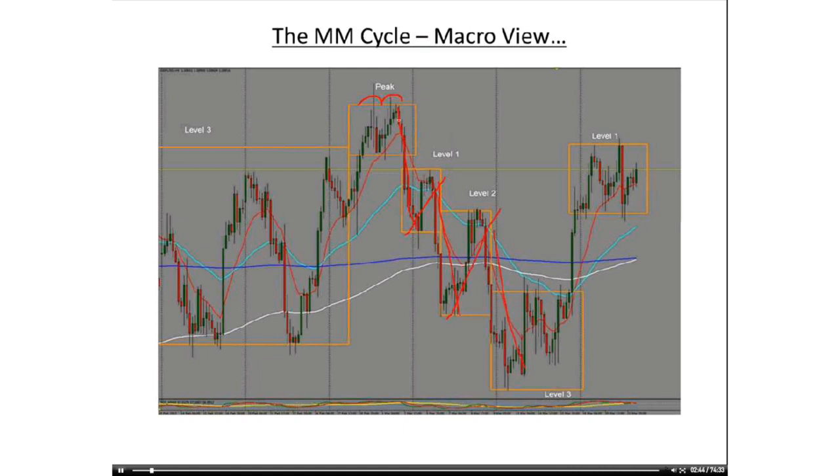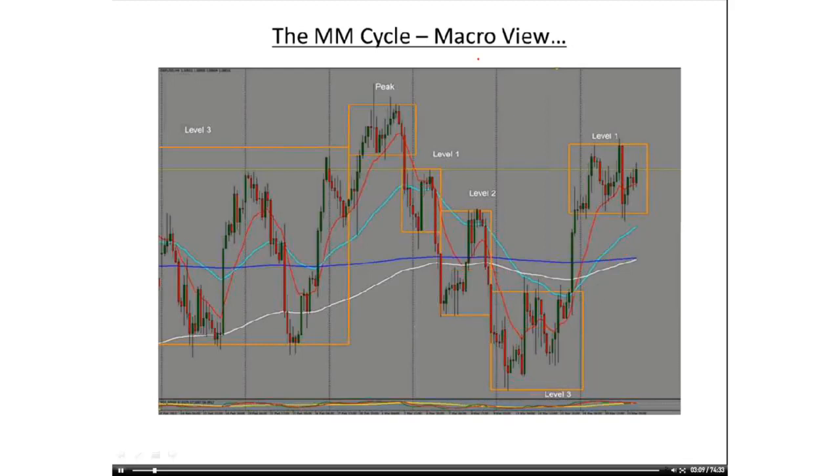Now, there are 3 distinct levels, three distinct drops, right? Drop, drop, drop. Okay, and then it sets the new anchor, and it goes away from it. All right, this is pound dollar on the 4 hour chart.